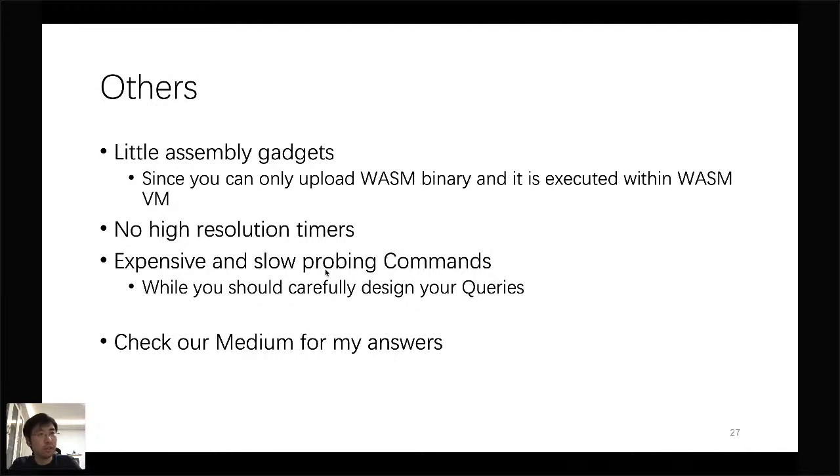And third, in the smart contract case, repeated probing requests to the contract can be really expensive, because the commands have to be sent through the blockchain, which means the attacker cannot send many commands in a short time and at a low price.